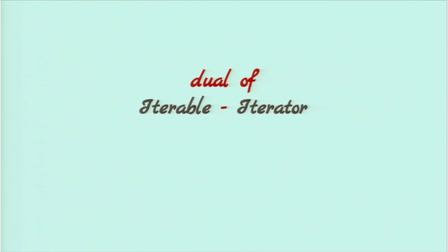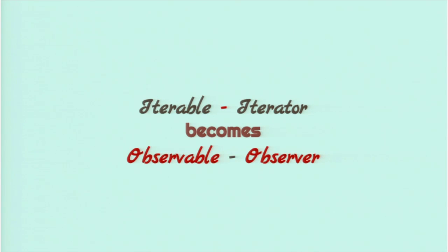It can be seen as the duality of the iterable-iterator couple. So in RxJava, iterable-iterator becomes the observable-observer duo. And iterable-iterator is a pull model: as the developer, you are in charge of telling the collection, okay, give me your next item.